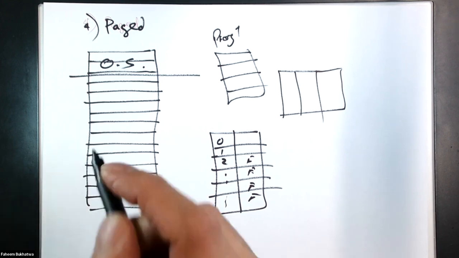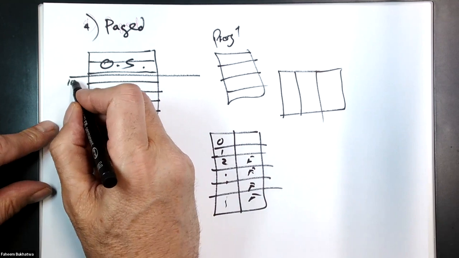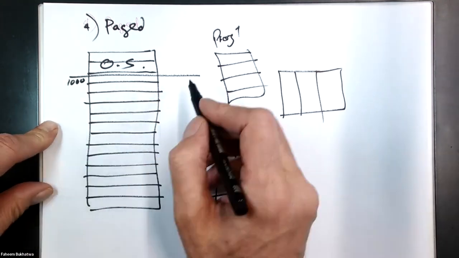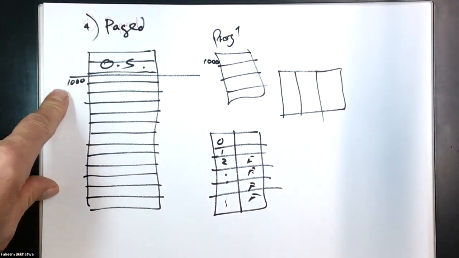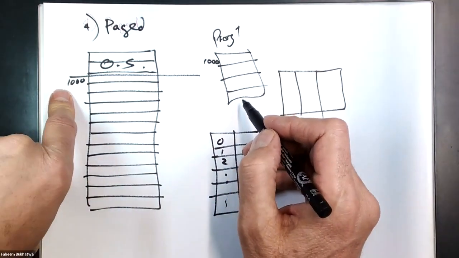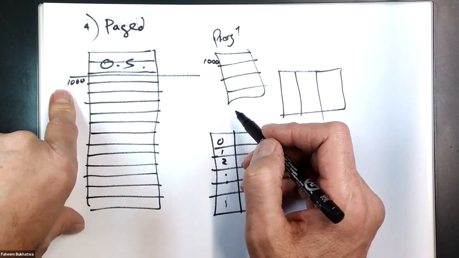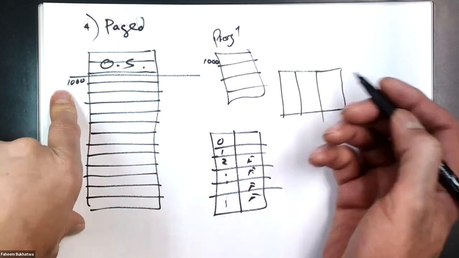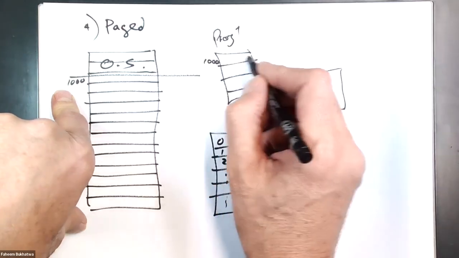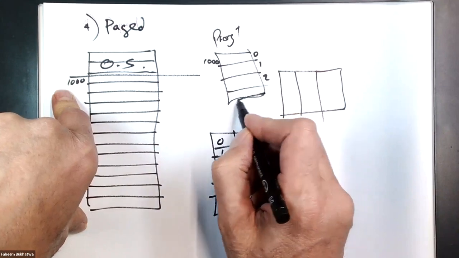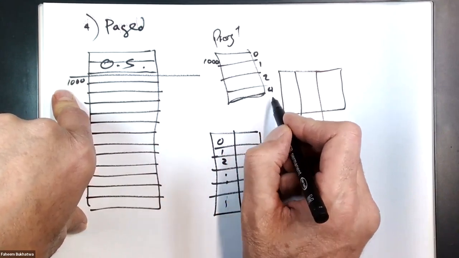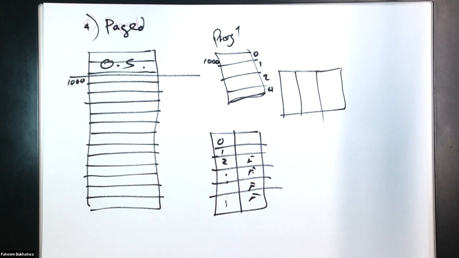Just for argument's sake, every page of the program is 1000 bytes and every page frame is 1000 bytes, one kilobyte. And let's say the program is 3500. So we split this into 1000, 2000, 3500. That's what the program is.